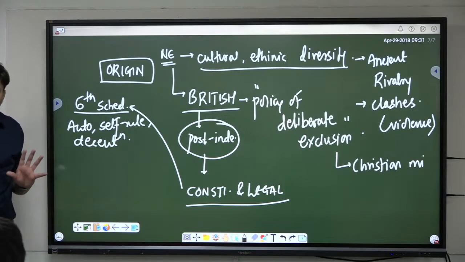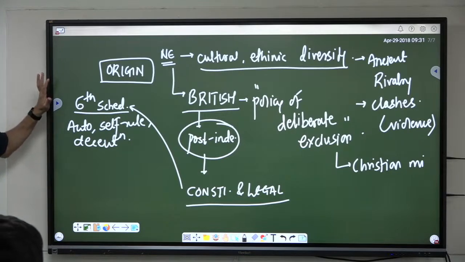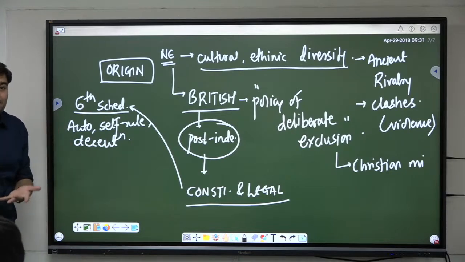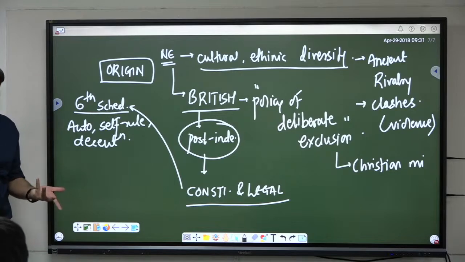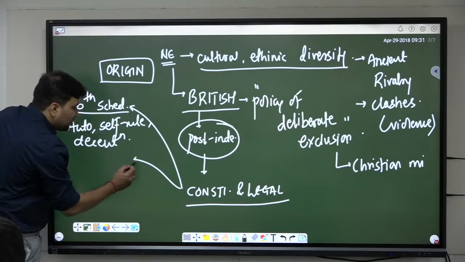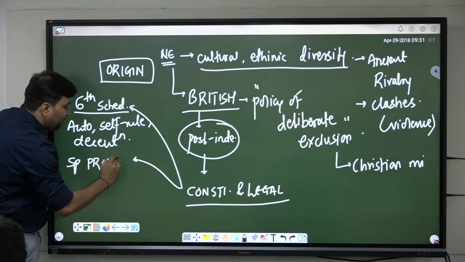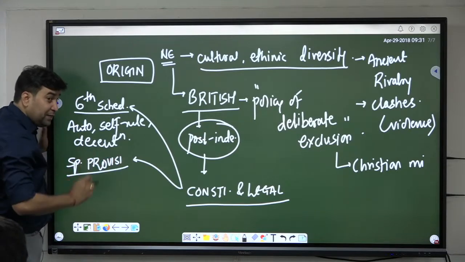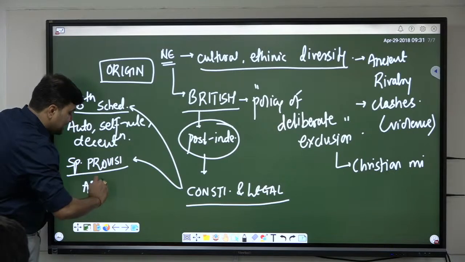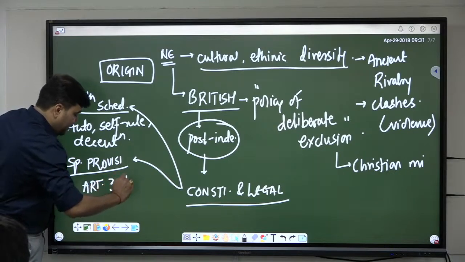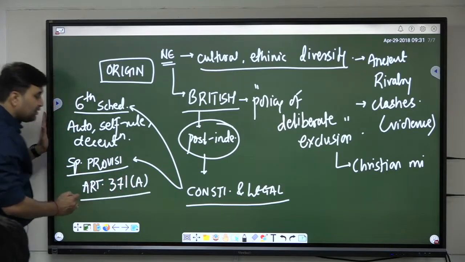Getting the idea? So why is it? Because they are not yet completely assimilated with the main people. That is why this was done. Similarly, special provisions were incorporated in the Constitution of India in the form of Article 371A.